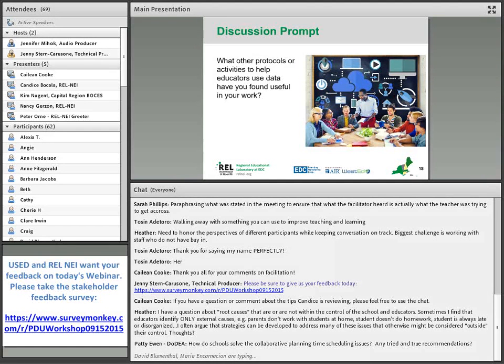Where I am wary of identifying causes outside of control are the issues that come up with parents, unless you have a really strong partnership with a group that can work with the parents, and part of your action plan is about including parents as a stakeholder group. I'm a little more wary of root causes that go out into the family unless you have resources to really work with the family as part of an action plan.